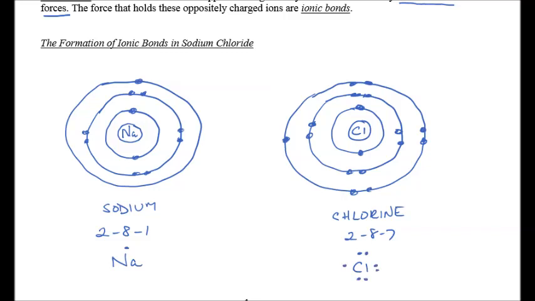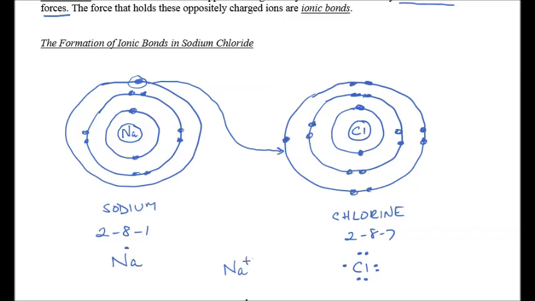Now, in order for stability to be reached, the easiest way to happen is for sodium to give its 1 electron to chlorine. But in doing that, it will no longer be a sodium atom. It loses an electron. It loses the dot, and so we end up with a sodium ion.